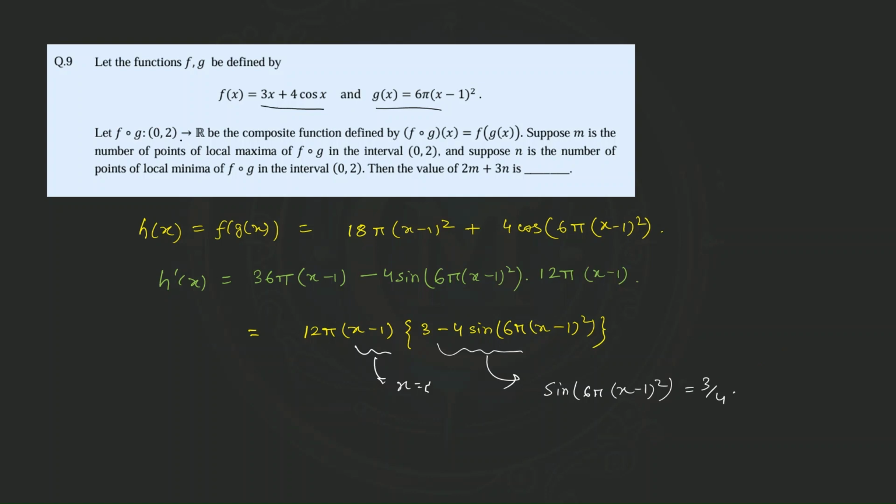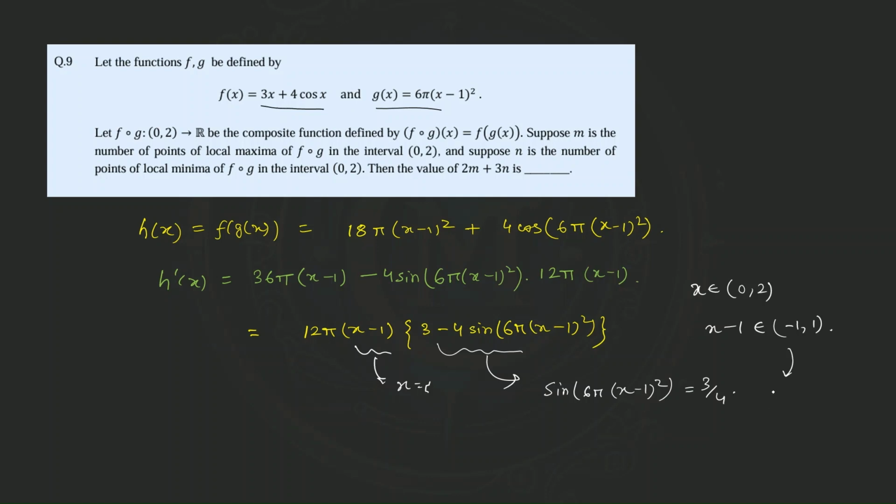So we can analyze by this domain. This domain indicates our x belongs to the open interval 0 to 2, right? So x minus 1 should belong to the open interval minus 1 to 1, right?